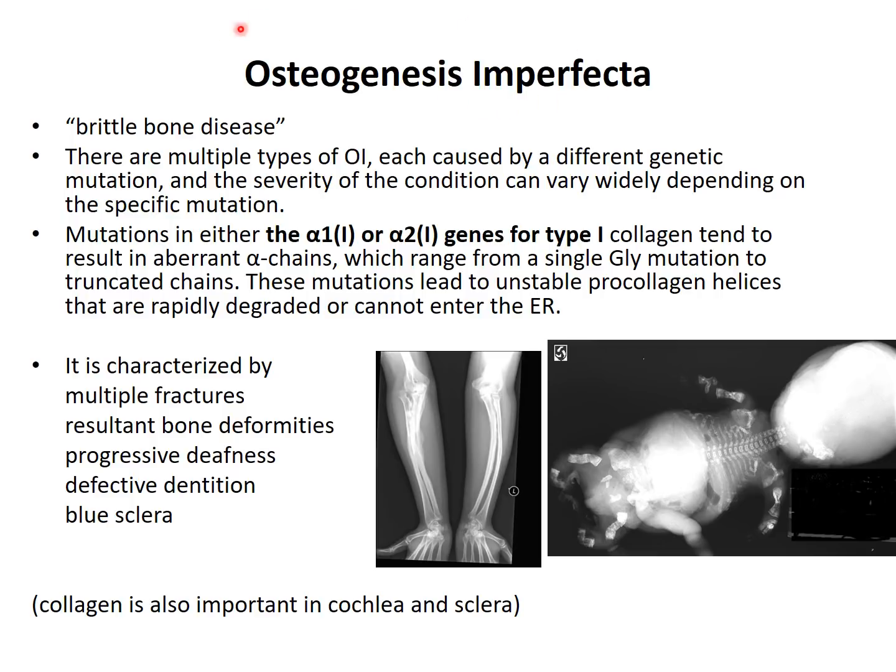Actually, this already tells you, osteogenesis imperfecta means imperfect formation of the bone. So these will be bony changes starting in the fetal life.